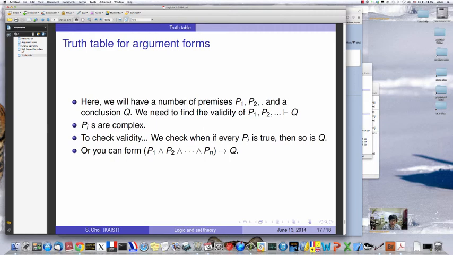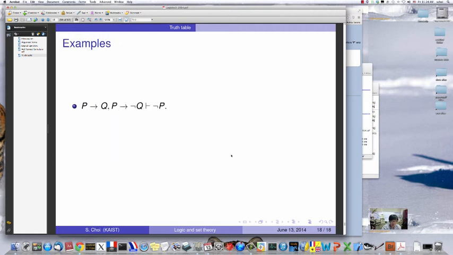So if you want to deduce some things, okay. So let's say P imply Q and P imply not Q, then it is not P. Okay, and so to deduce the validity of this argument, you have to check this. So P imply Q and P imply not Q imply not P.